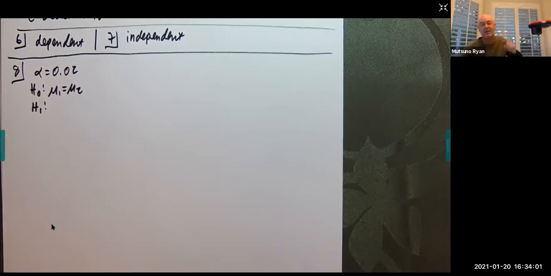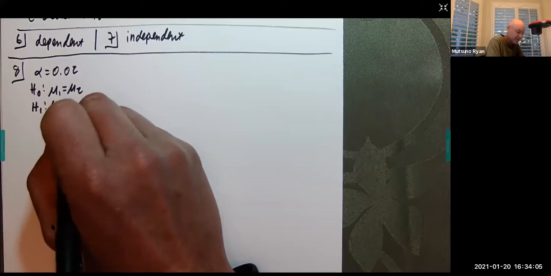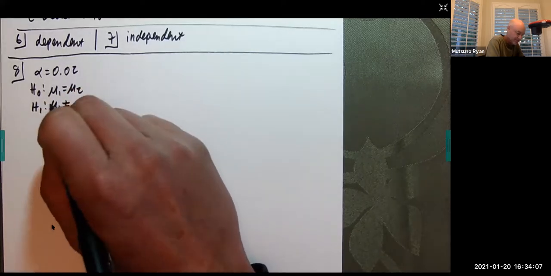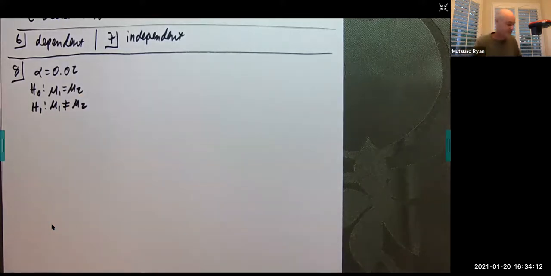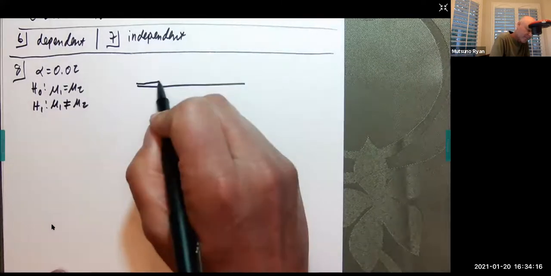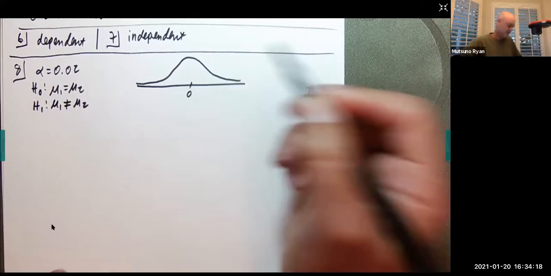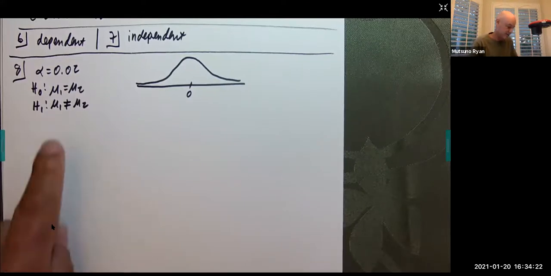So I'm going to say is not the same. Again, I'm changing it here, so that the claim is on the alternative hypothesis. And it looks like there's going to be a two-tail because of the not equal to.